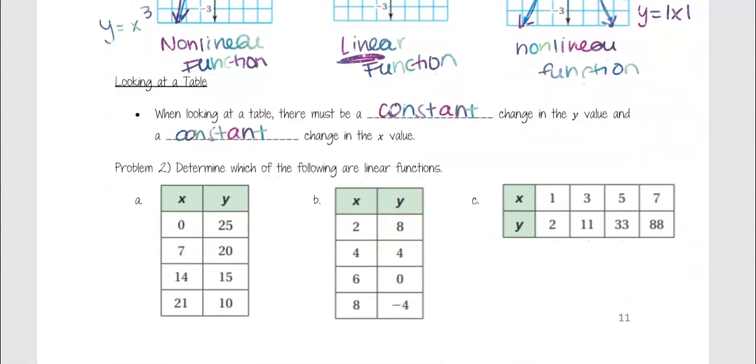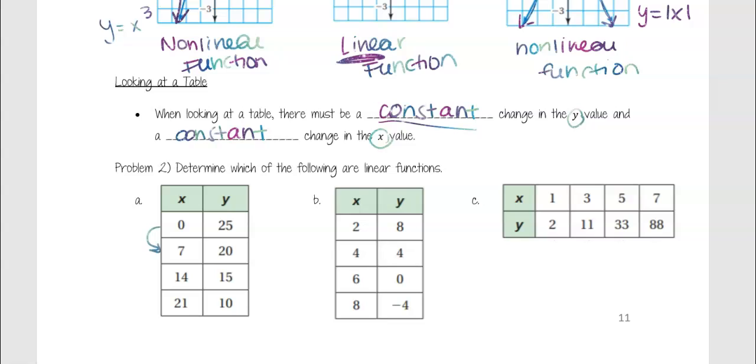What about when we look at a table? Okay, so it's a little bit different. When looking at a table, again, we're talking about this constant change. There must be a constant change in the y value and a constant change in the x value. How we do that is we jump from one x value to the next. What's my constant change here?